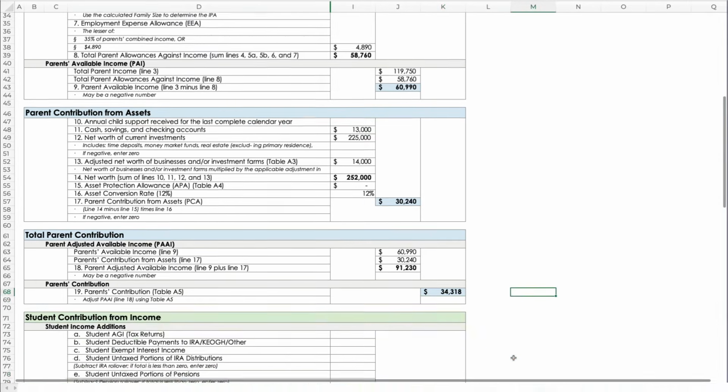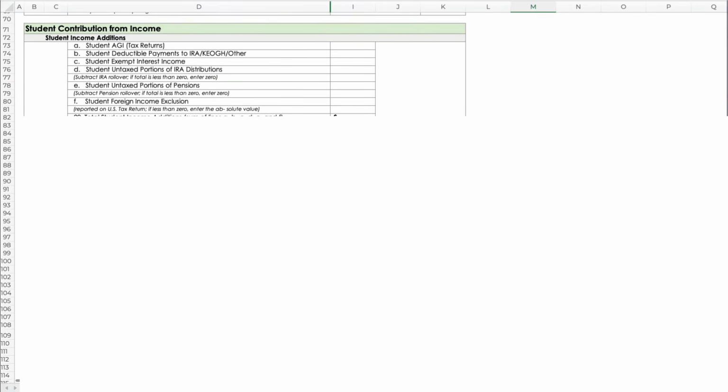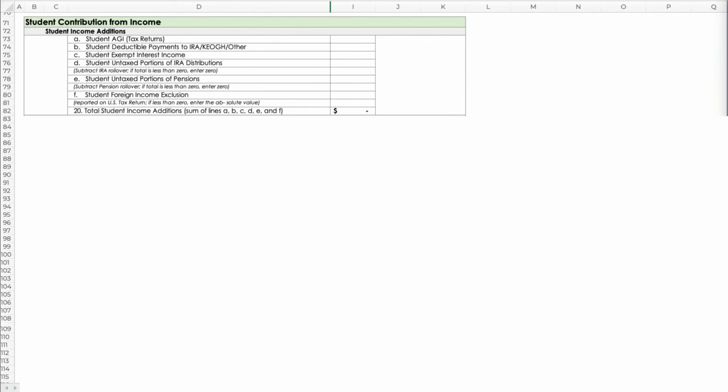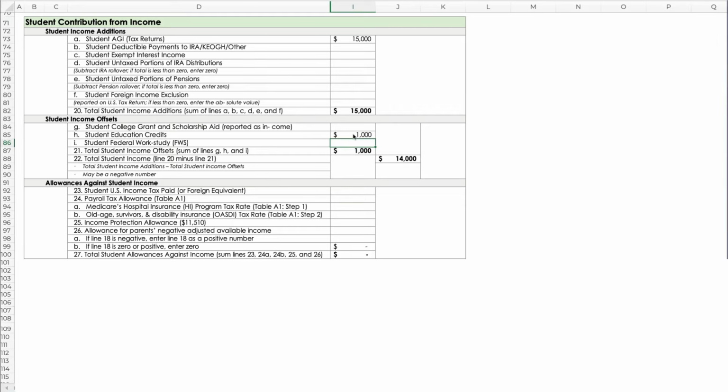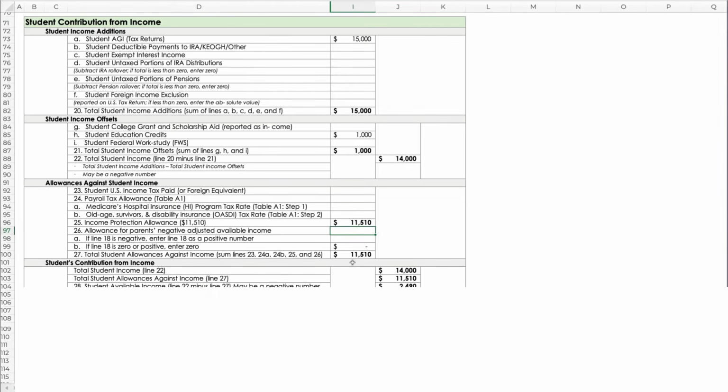Now let's move on to the student calculation. We start with the student's AGI from their tax return, which in this case is $15,000. The student can subtract certain offsets, such as an education credit of $1,000. Each student also receives an income protection allowance of $11,510 for the 2025-2026 FAFSA year.